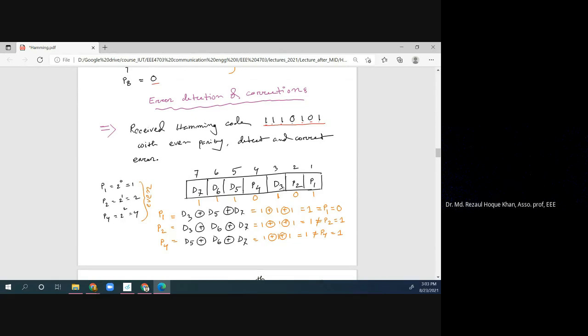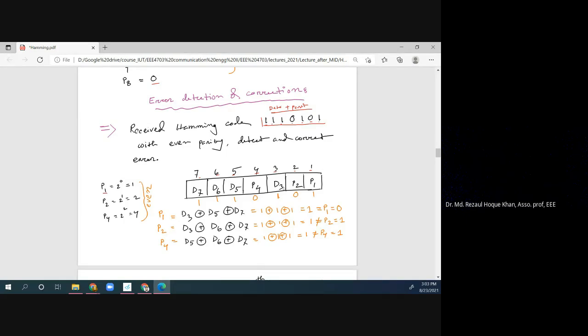A received Hamming code is a 7-bit code: 1 2 3 4 5 6 7. It contains data plus parity, because it's a received code.